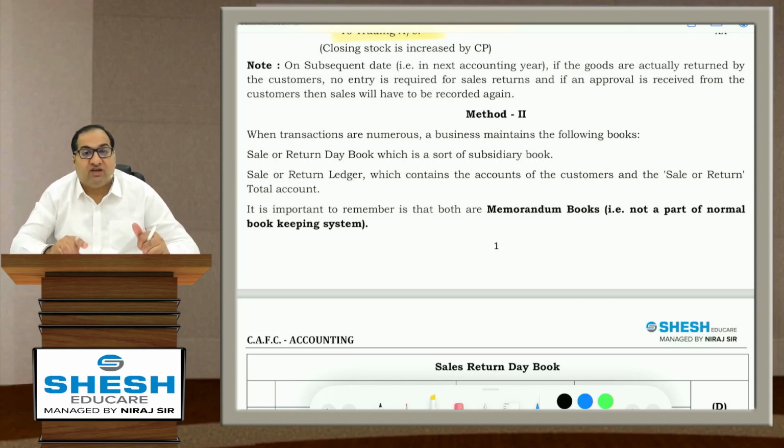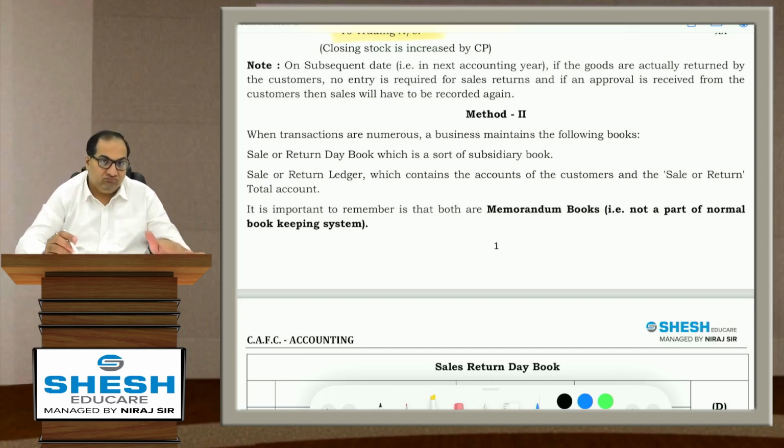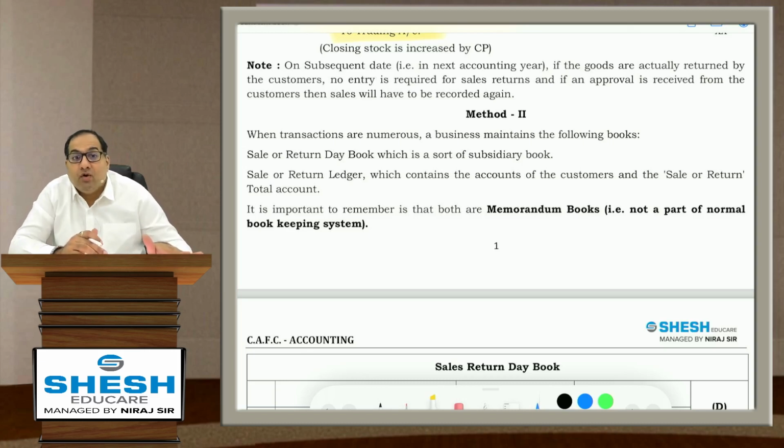So when numerous transactions are on sale on approval basis, only to record sale or return transactions, you will make a rough journal and a rough ledger of it. Only and only to take care of sale or return transactions.